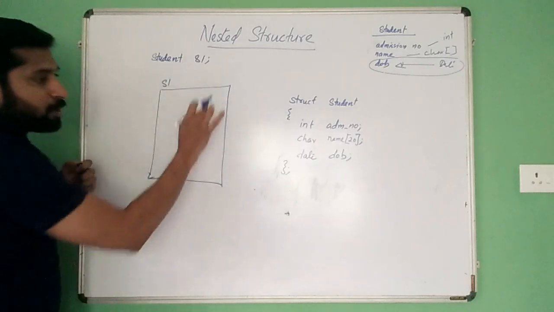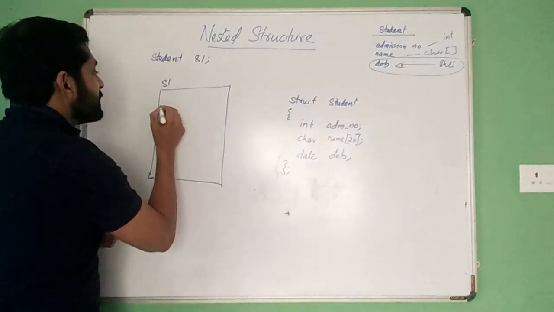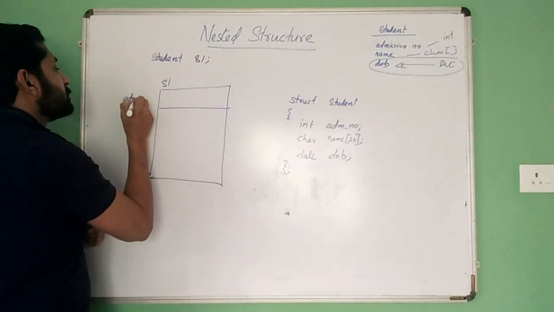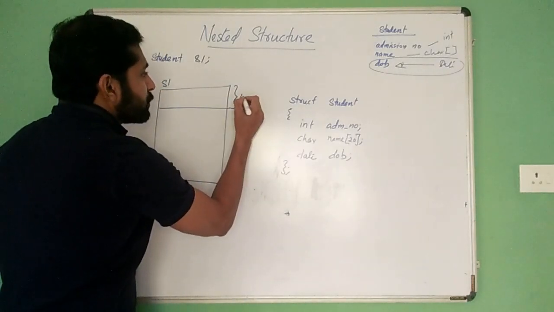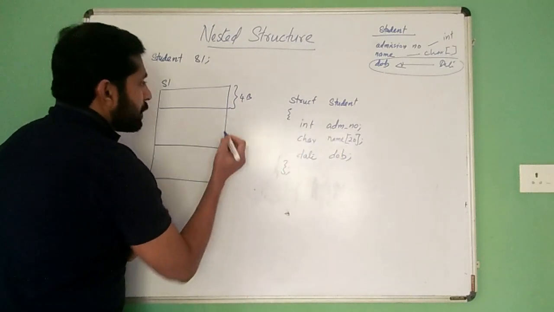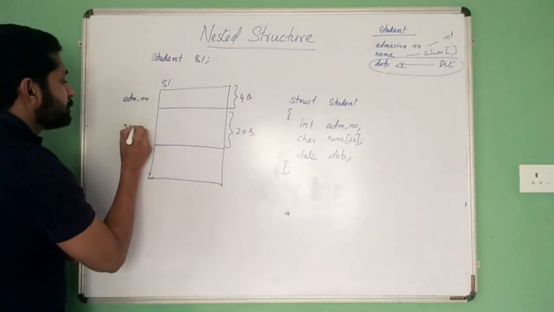The entire area is known as S1. It has admission number, which uses 4 bytes. Then another 20 bytes for name.